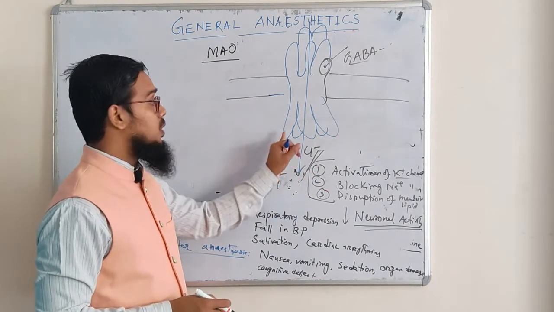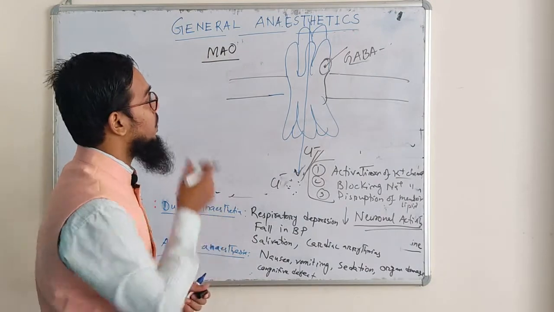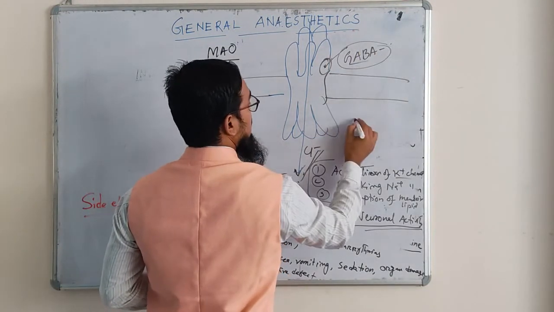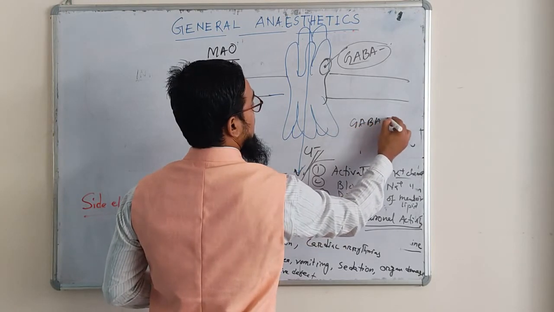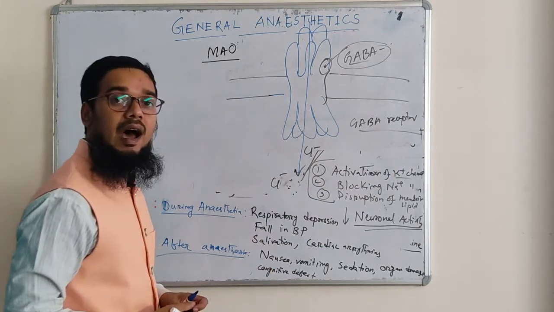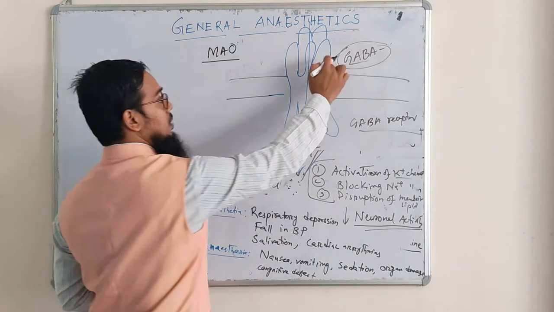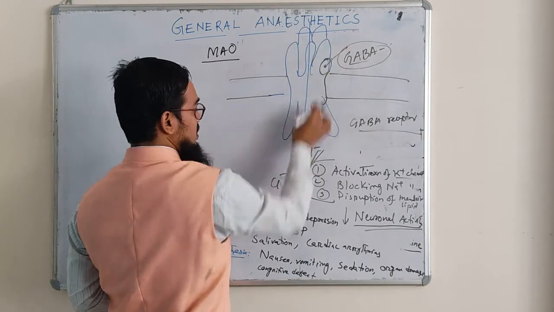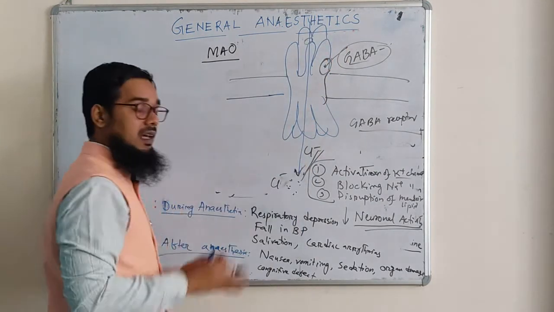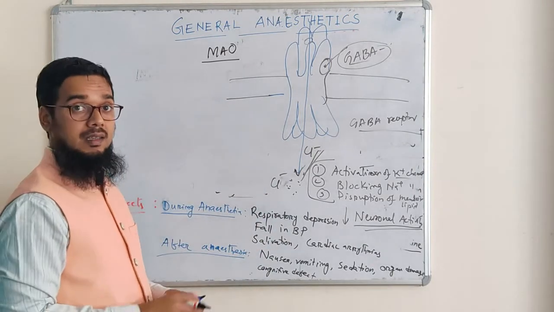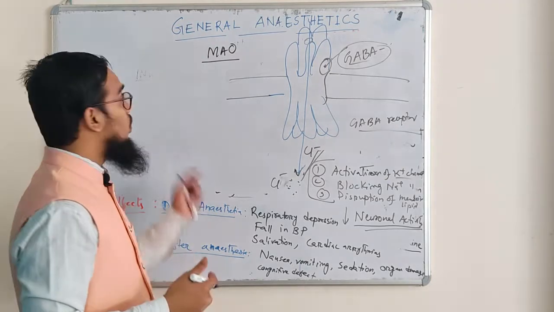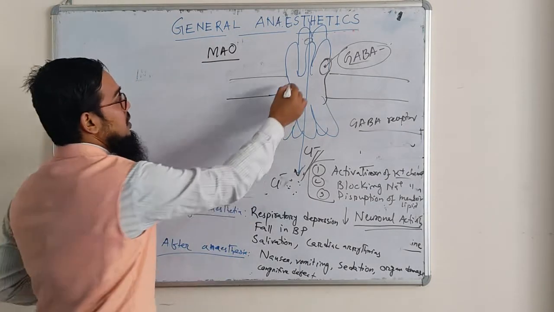So this is what normally happens, and this is called the GABA receptor. The GABA receptor is a chloride ion channel receptor. When GABA binds, the channel opens in the middle and chloride ions will enter and neuronal activity will decrease. Most of the benzodiazepines, barbiturates, whatever intravenous anesthesia, will bind with this GABA receptor.